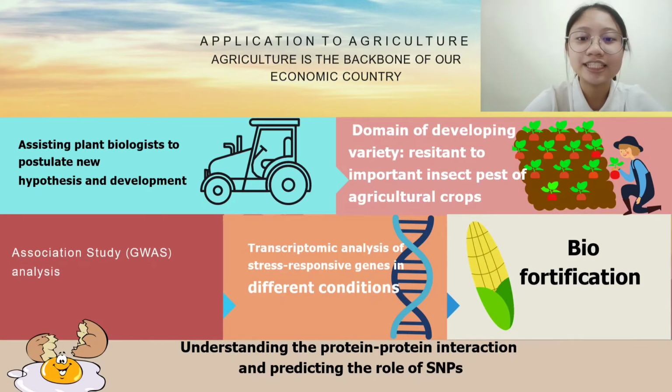They are used in genetics research to associate specific genetic variations with particular diseases. Fourth, it is applied in transcriptomic analysis of stress response genes in different conditions. Fifth, biofortification, which is the idea of breeding crops to increase their nutritional values. And lastly, understanding protein interactions and redirecting the role of SNPs.